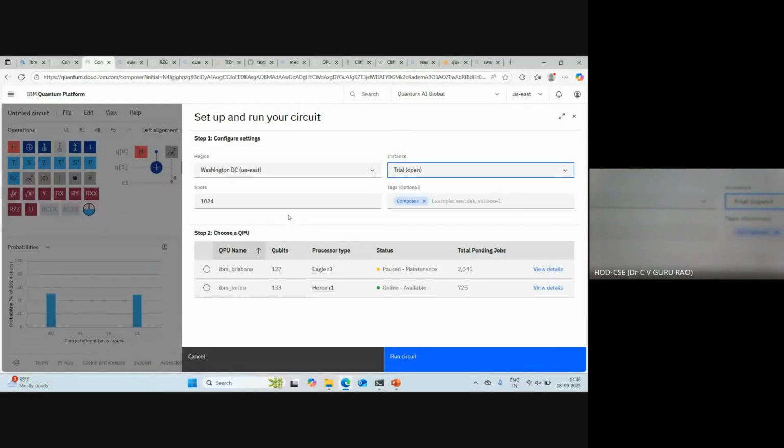For setup and run, an account is needed. That's why I asked you to create an account, but of course you don't have to do it right now. You can create it later on. Any email ID, whatever Gmail ID or institute ID you have, can work.